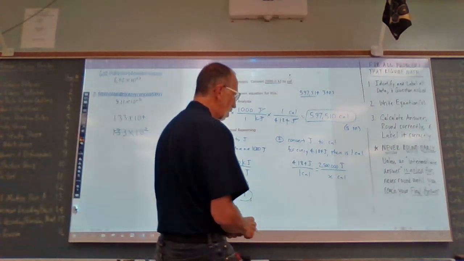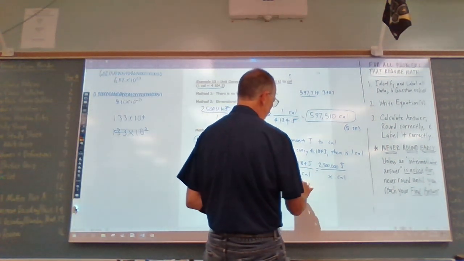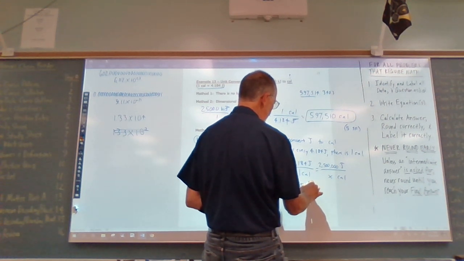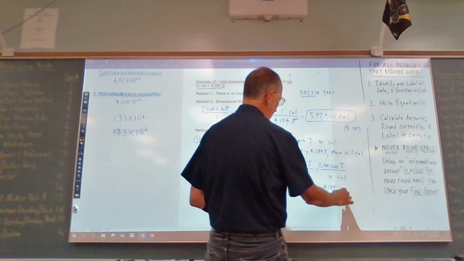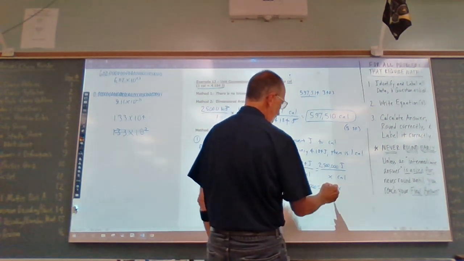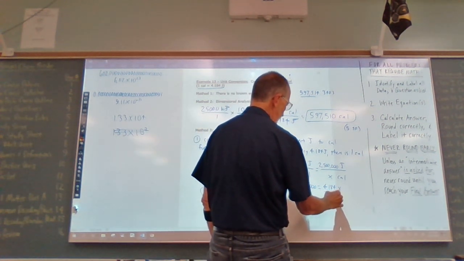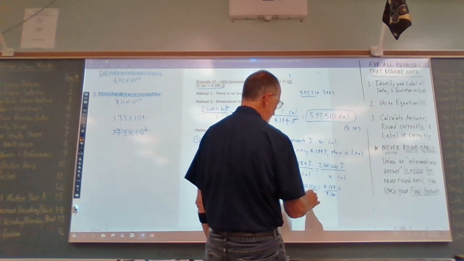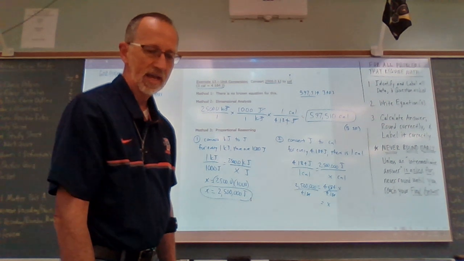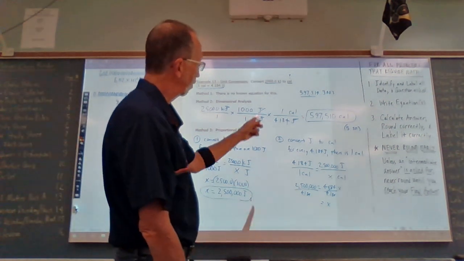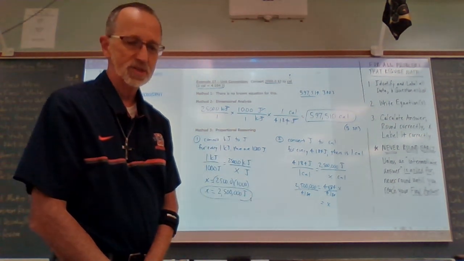So I cross multiply. So I have 2,500,000 equals 4.184 times X. So we're going to divide out 4.184. And now we'll round again to our original measurement sig figs, which is 5.